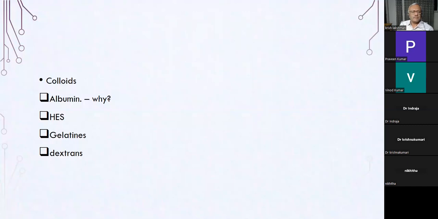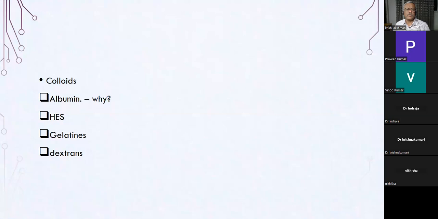Extremely expensive. It is extremely expensive, not as easily available as a crystalloid. And even though it is highly debatable, I in fact gave a whole talk on crystalloid versus colloids in resuscitation. People say that the morbidity and mortality with albumin resuscitation in a patient in shock is actually worse than that with crystalloids.